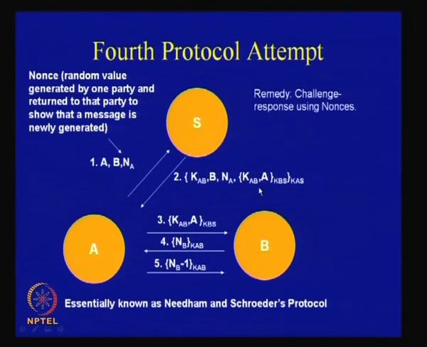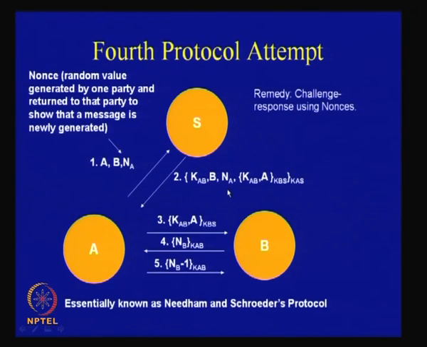These are the two essential things it obtains from the server S: the session key KAB along with the ticket KAB comma A encrypted by KBS. When this traffic comes to A, it can use the long term key KAS to decrypt and obtain back the value of KAB.